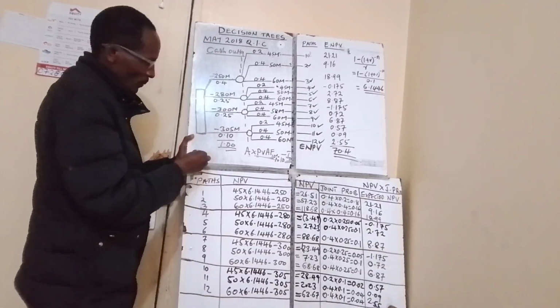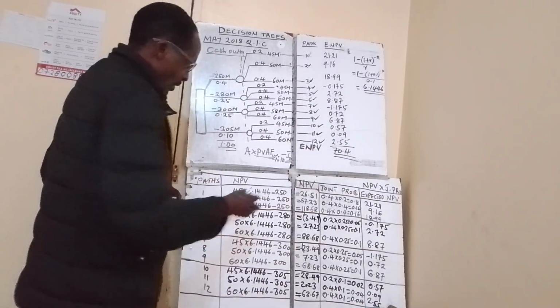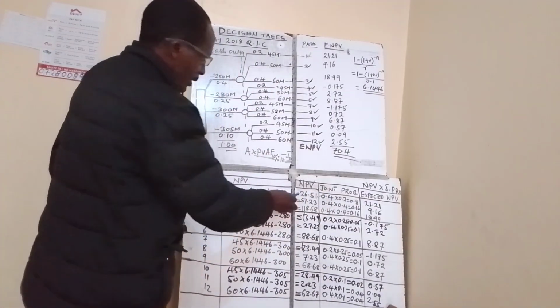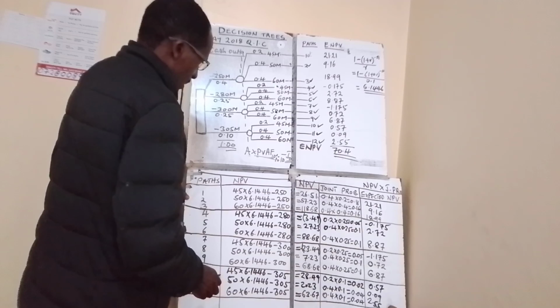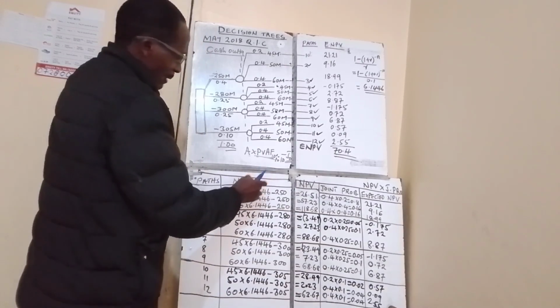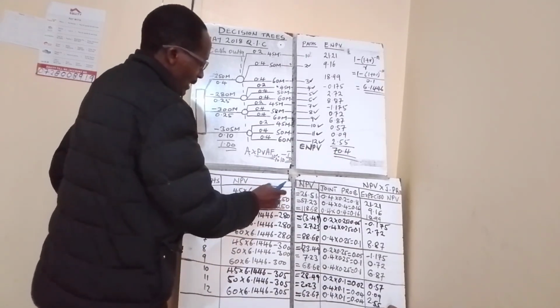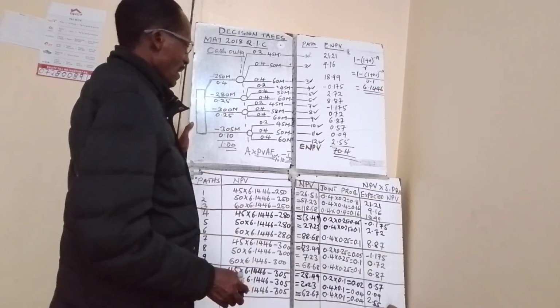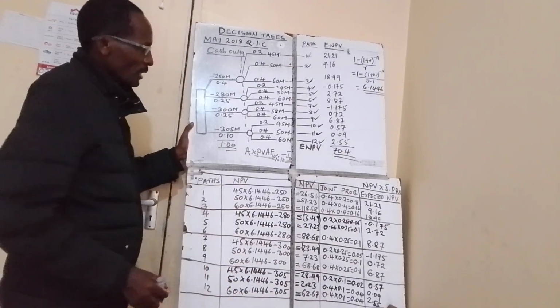You go to part 2. Now before that, the net present value will be 26.51. That is 45 times 6.1446 minus 250. You get 26.51. That is the net present value.